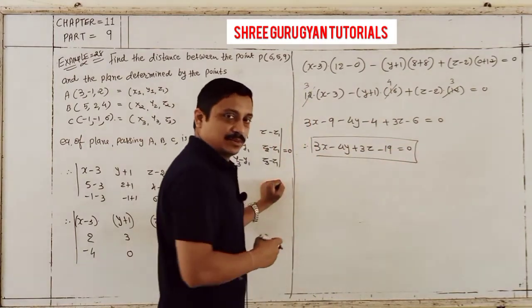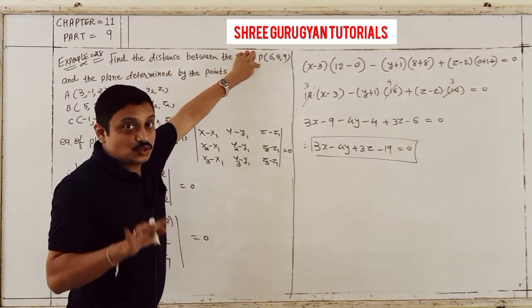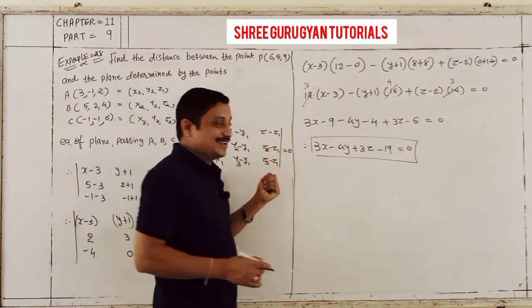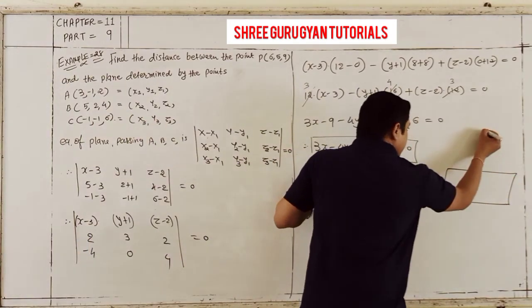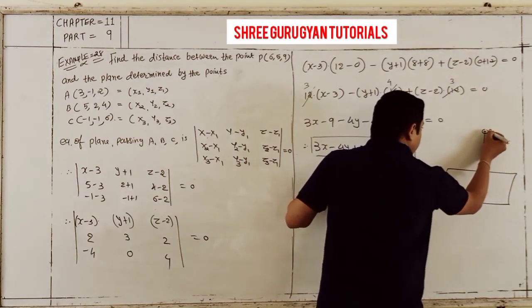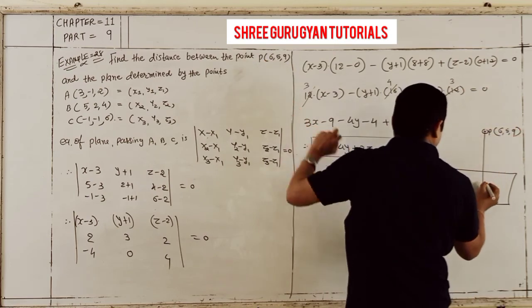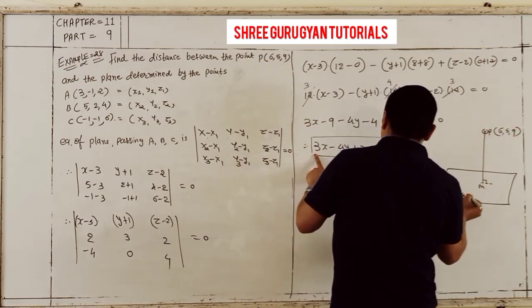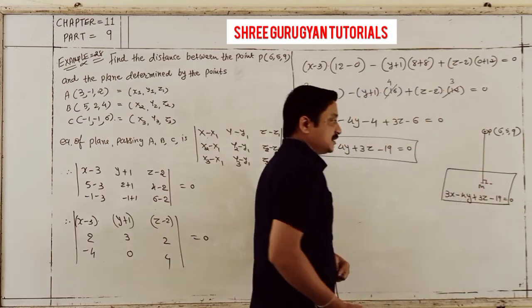Now read the question one more time: find the distance from this P to the plane passing through ABC. So the ABC plane is ready. I now want to draw it, students, that's your plane. Here is your distance from P, given as (6, 5, 9), and the plane is ready: 3x minus 4y plus 3z minus 19.